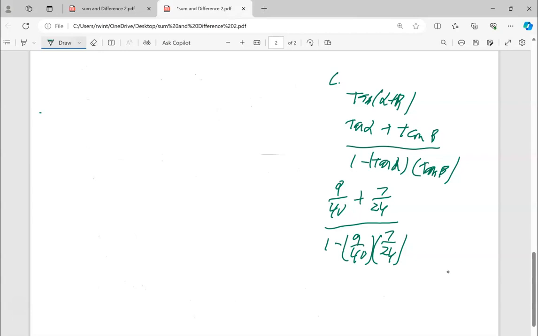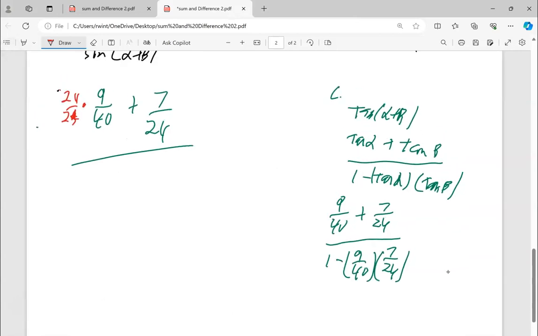So on top, I got 9 over 40 plus 7 over 24. They do not have common denominators. I want them to. So I'm going to take this first one times 24 over 24, and this next one times 40 over 40.